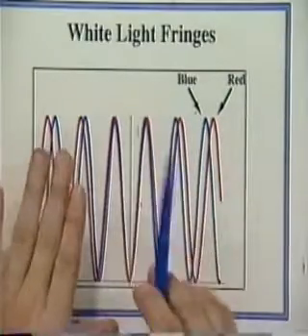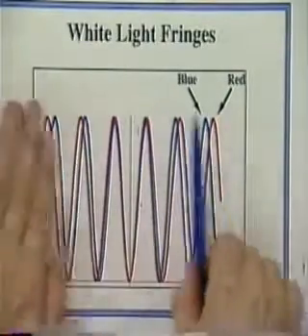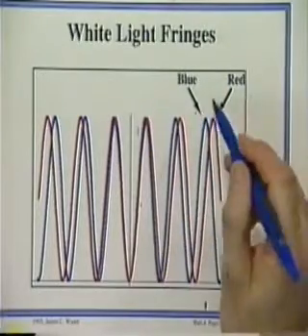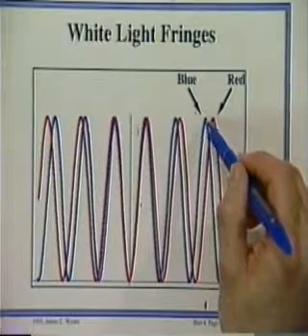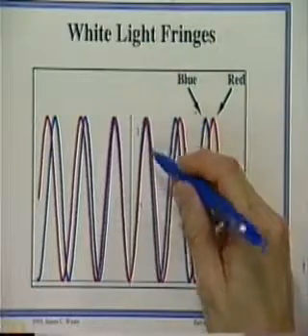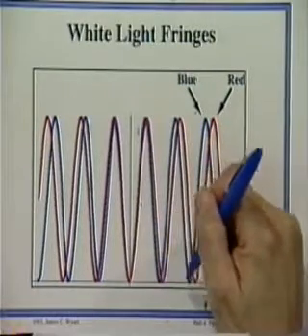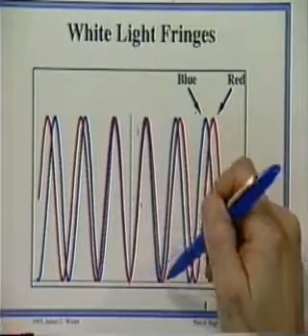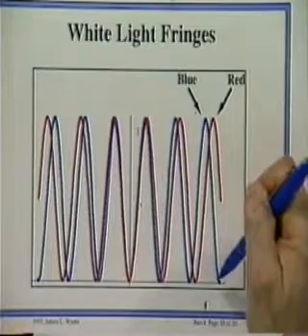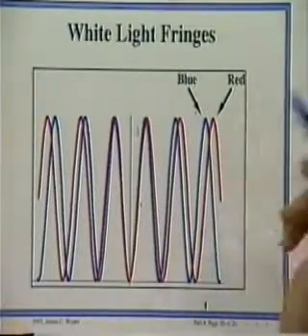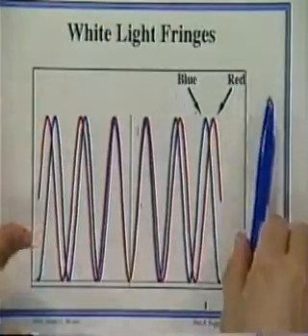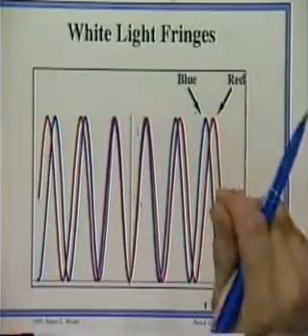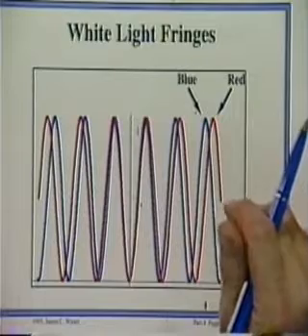Now, as we move out here, we're going to get fringes every time the path difference changes by a wavelength. And so if we have short wavelength blue light, we're going to get fringes closer together than what we get for the red light. And so they're right in phase here, but as we move out, they're going to tend to get out of phase. And so as we go out here far enough, the fringe contrast is going to go away because all the different colors are out of phase with respect to one another.